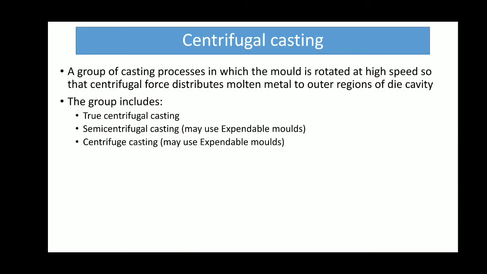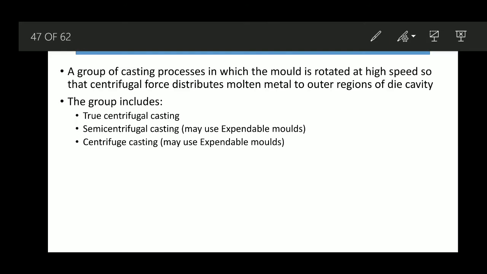Next we have centrifugal casting, which we have already discussed in one of the classes. Centrifugal casting is a group of casting processes in which we generate centrifugal force and take advantage of it.